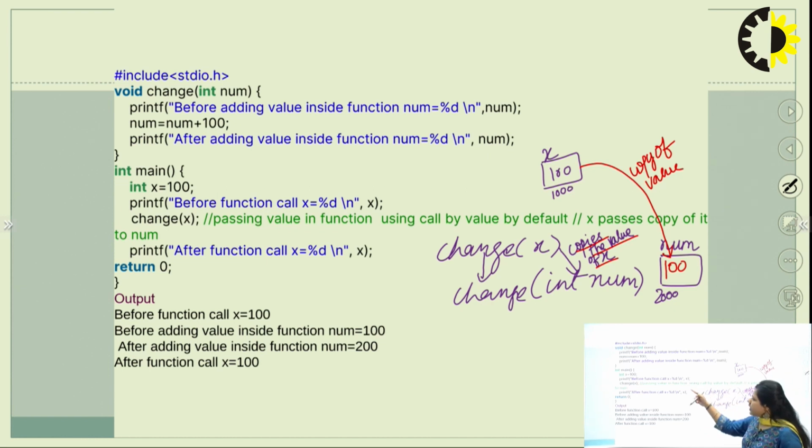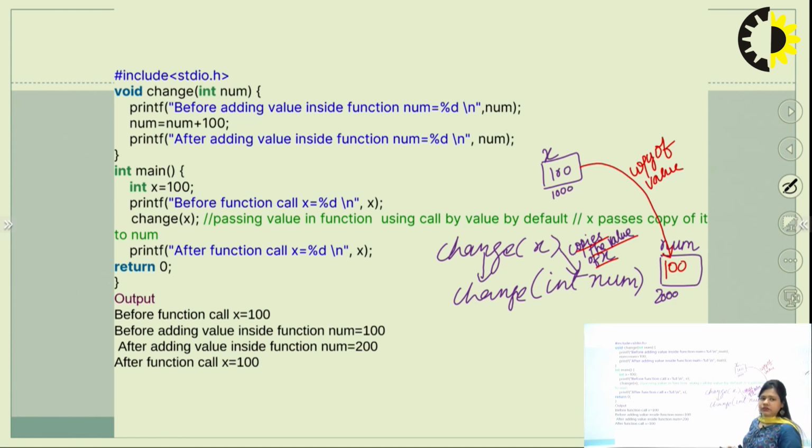And of course we have called the call by value function, the nature of which is to copy the value, not by passing the original variable. Fine. So before adding value inside function, num is printed as 100 because num got the copy of x variable.